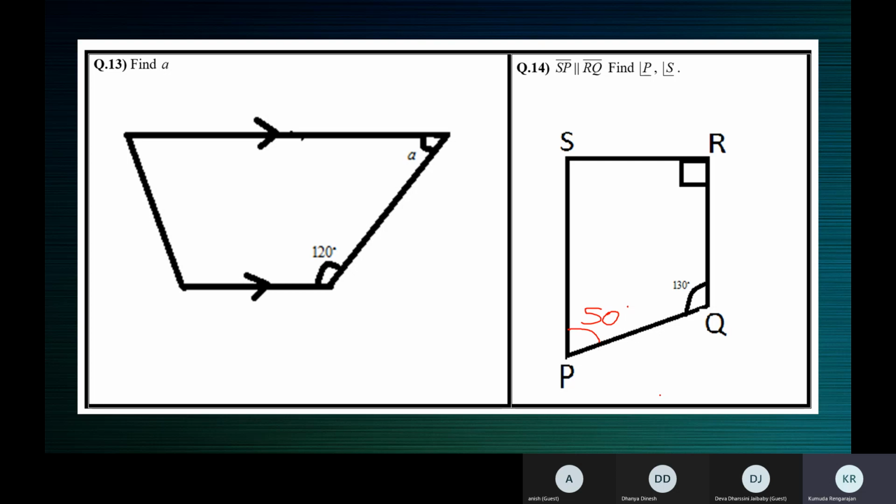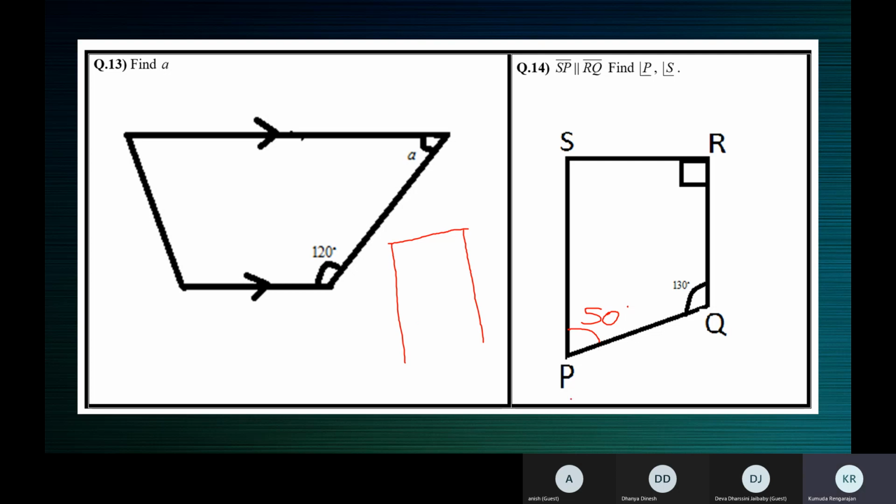That's one way. Otherwise, you can also use the property of allied angles. SP is parallel to RQ is given to us, and take SR as a transversal. When you change the transversal, you will have different sets of angles formed. Parallel lines are the same.